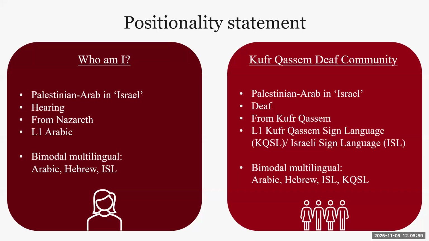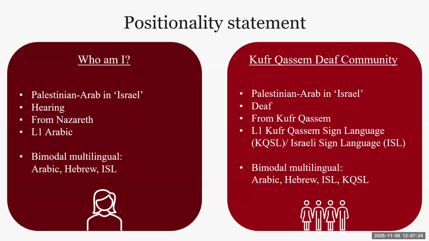So I'd like to start with a positionality statement of who I am in relation to the community under investigation. So I'm Palestinian Arab, born and raised in what is now known as Israel, originally from Nazareth. I'm hearing, as you can see, my first language is Arabic, but I'm also bimodal multilingual, and here I'm listing only the languages that are relevant for this study.